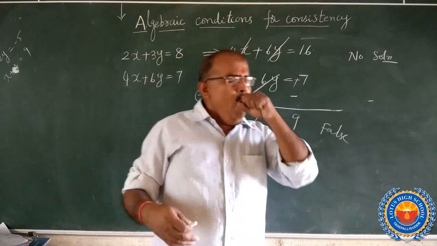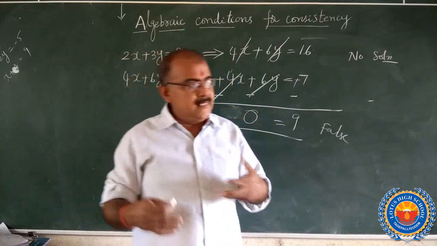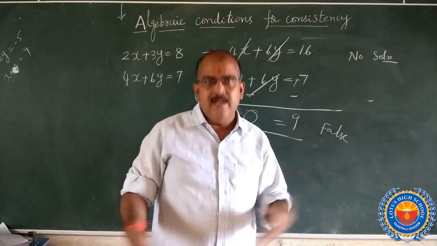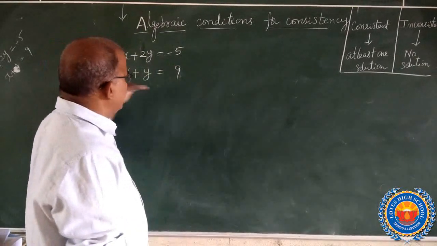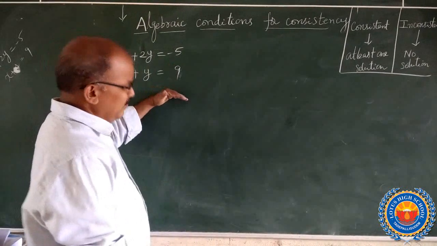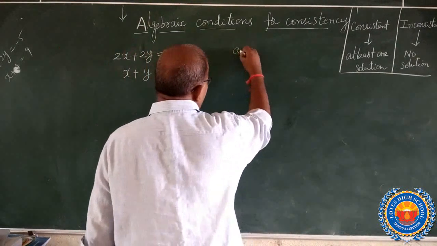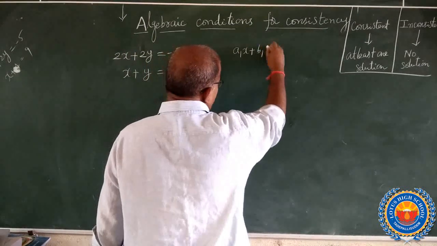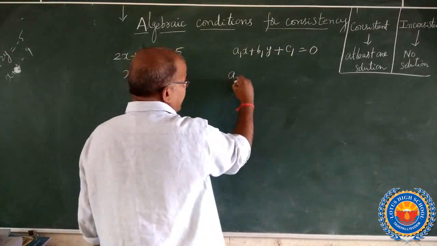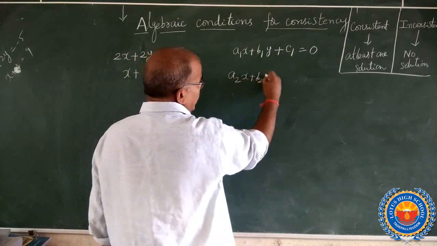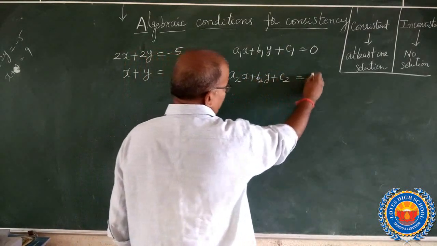Always we have to check like this. For this, let us find one condition. Take the equations 2x plus 2y is equal to minus 5 and x plus y is equal to 9. The general form is a1x plus b1y plus c1 is equal to 0 and a2x plus b2y plus c2 is equal to 0.